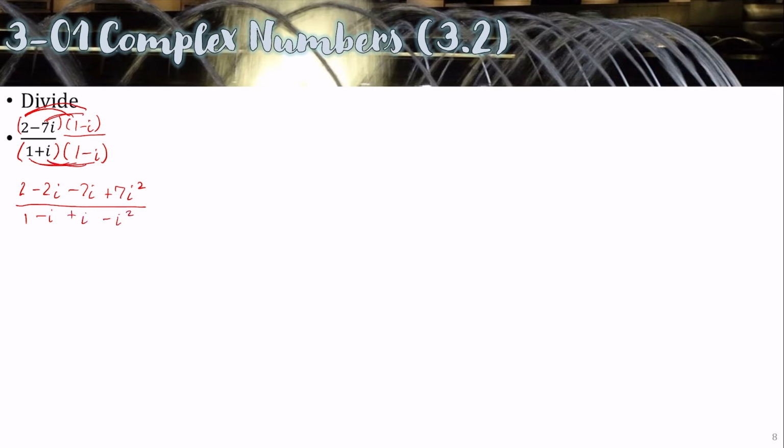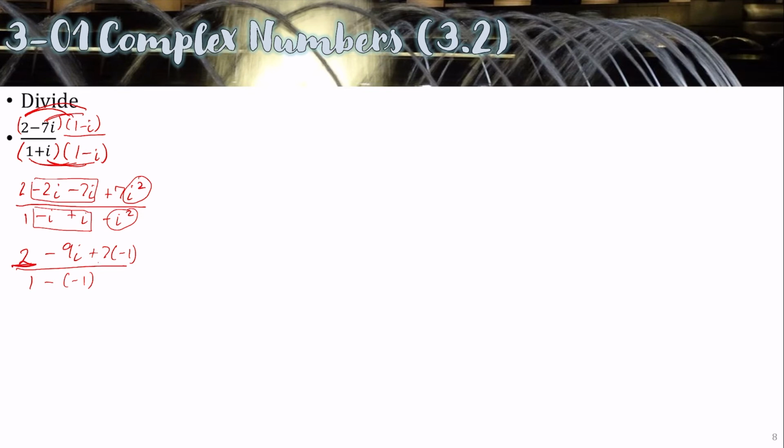And negative i squared. All right, so on the top, I can combine the i's to make negative 9i. And i squared is negative 1. On the bottom, I can combine the i's, which cancel out, and i squared is negative 1.